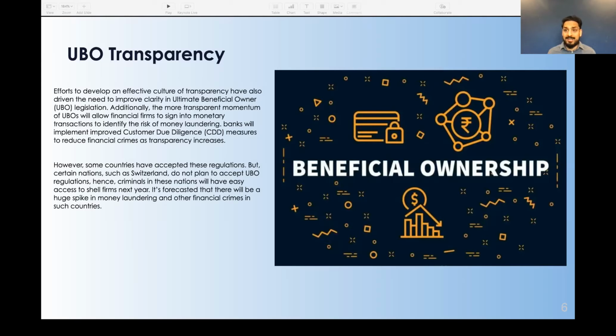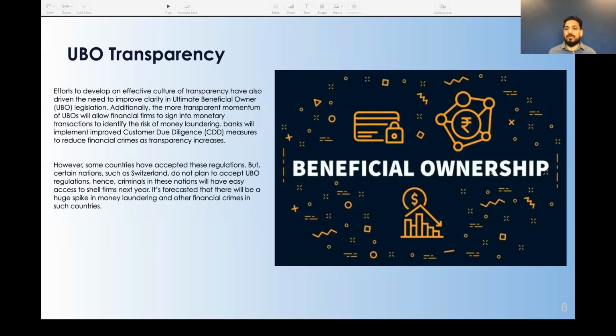Such as when the Paradise Papers or Panama Papers information was leaked, we saw that a lot of ultimate beneficial owners have companies in tax havens where they either don't pay taxes for their company or very minimal, and they receive all the funds of it. To have more transparency on who the owner is, a lot of countries have worked together now on a UBO register.